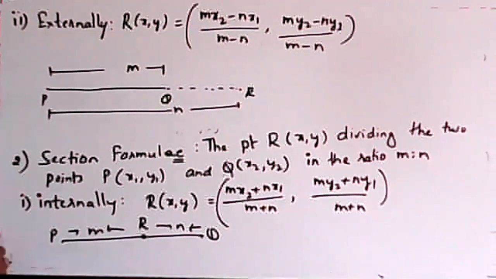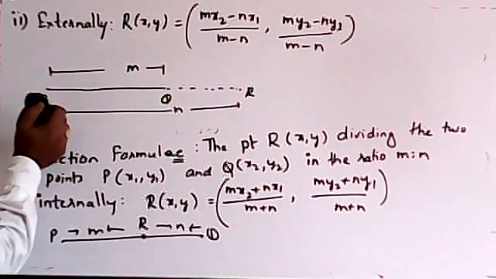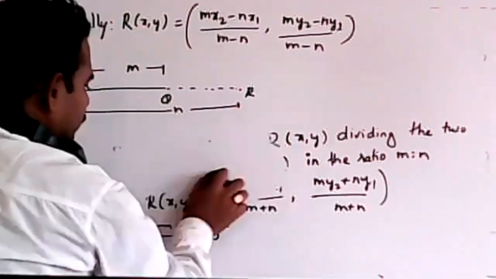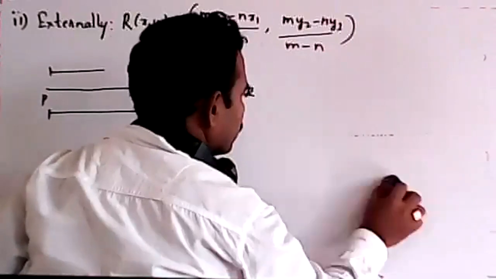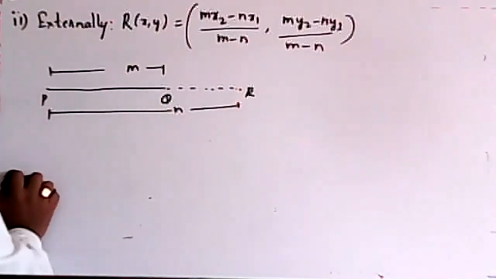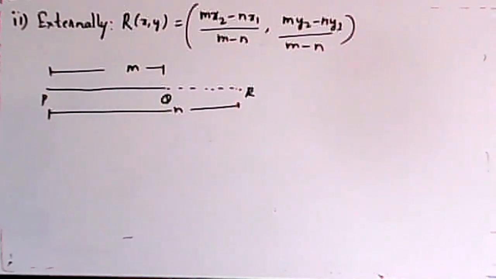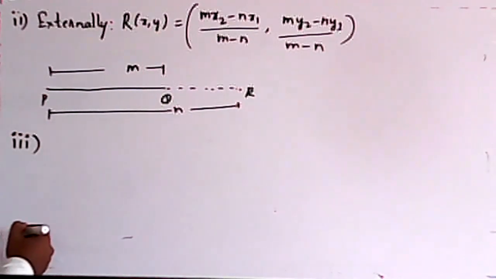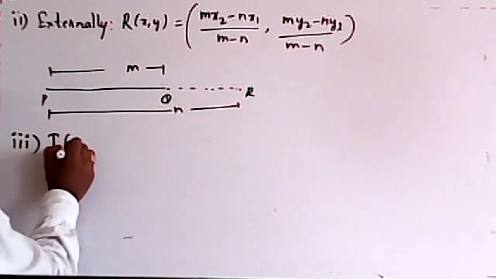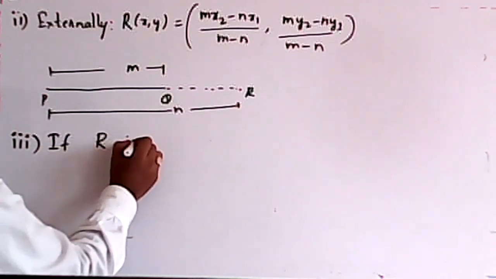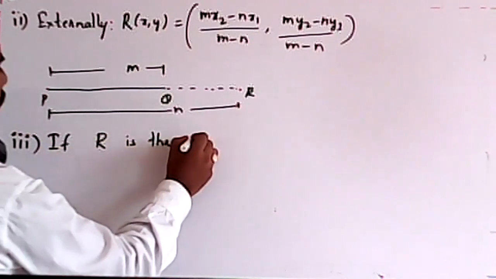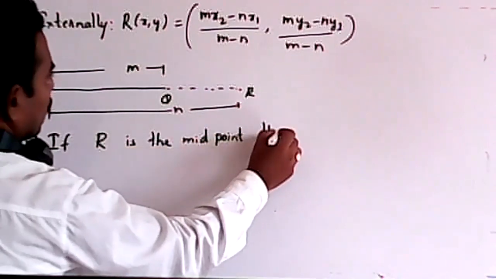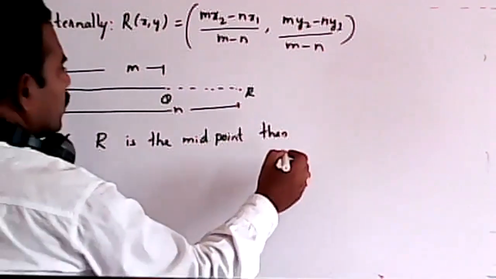And one more, third is there. If the point is at the middle point, then what could be the formula? Let's see. Third one, if R is the midpoint, then the ratio will be equal.